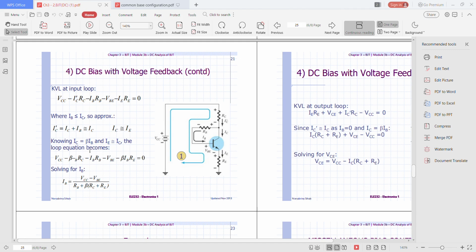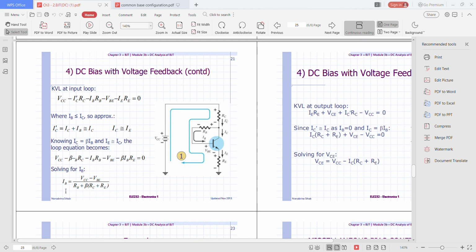Knowing IC equals beta IB and IE is approximately IC, the loop equation becomes VCC minus beta IB RC minus IB RB minus VBE minus beta IB RE equals 0.